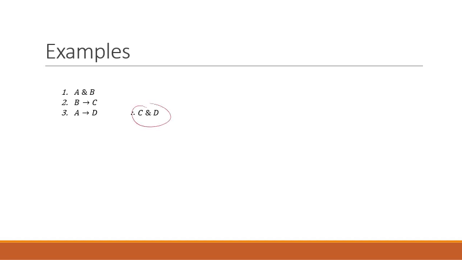So one of the things that you need to think about when you do these proofs is to look at the goal and see where in the premises this goal, or at least parts of this goal, is going to be. So for instance, you should note that there's a C in line 2, there's a D in line 3.